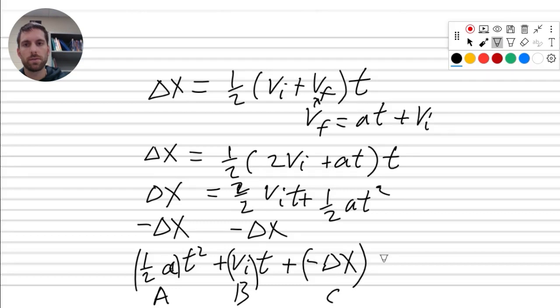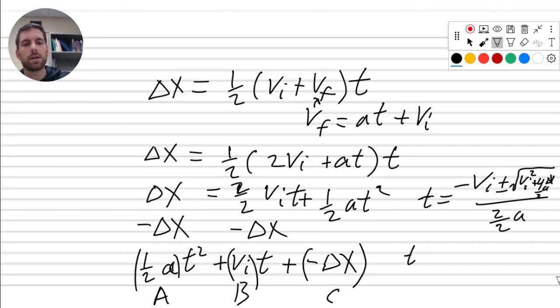So t equals negative B, negative vi, plus minus square root of vi squared minus 4. A is going to be 1/2 of little a, and C is going to be some change in x, which is negative, so that becomes positive, and there's delta x as well, all over 2A, which is going to be 2 over 2 times little a.